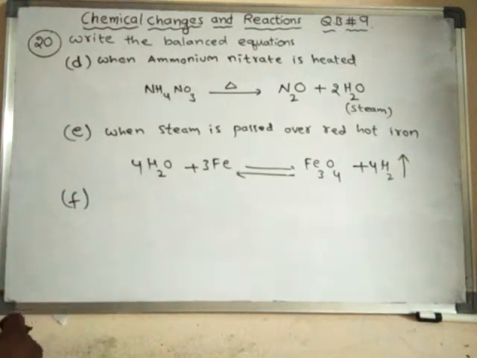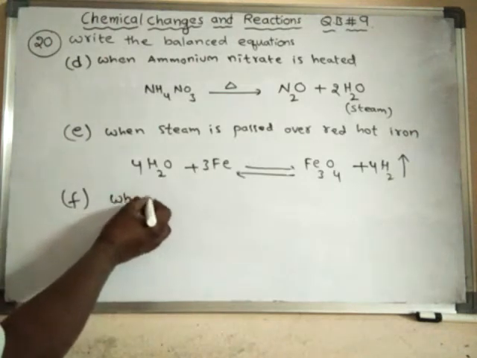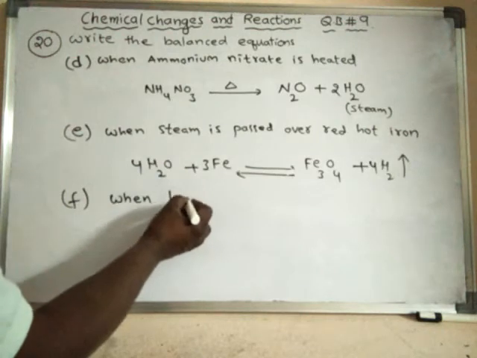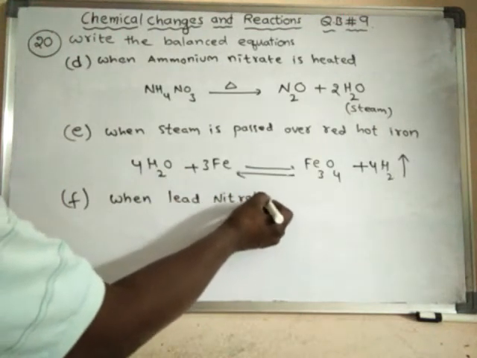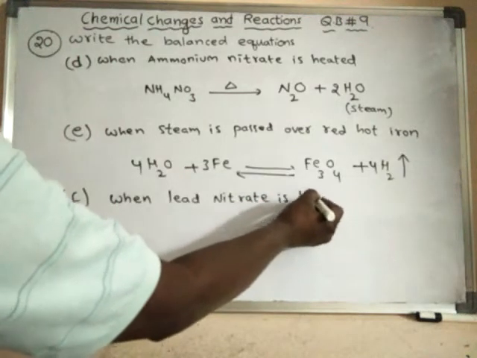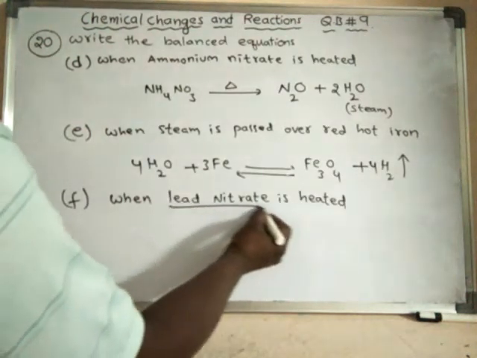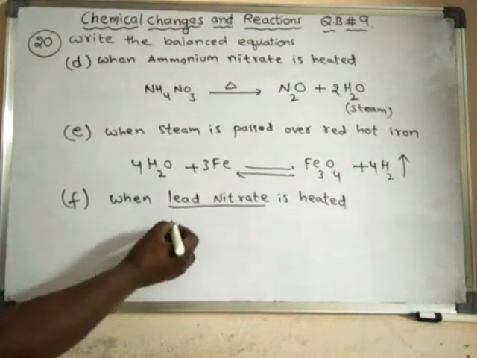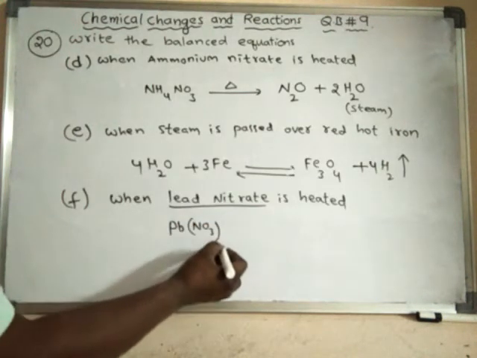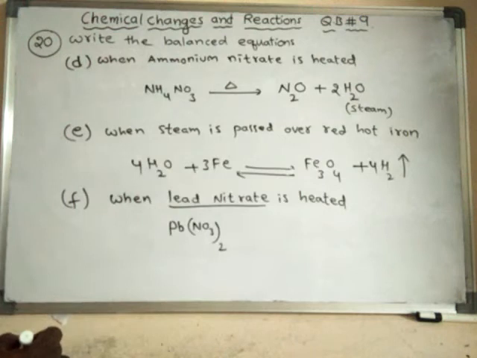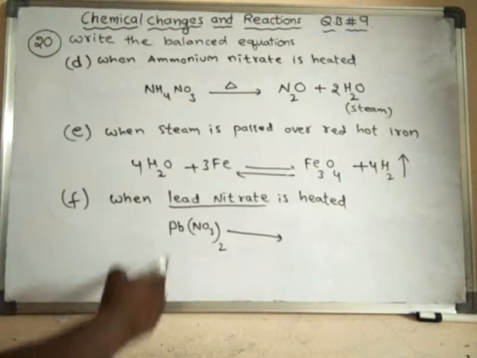When lead nitrate is heated, this is also very famous. What is the formula of lead nitrate? Pb(NO3)2. When lead nitrate is heated, what happens?